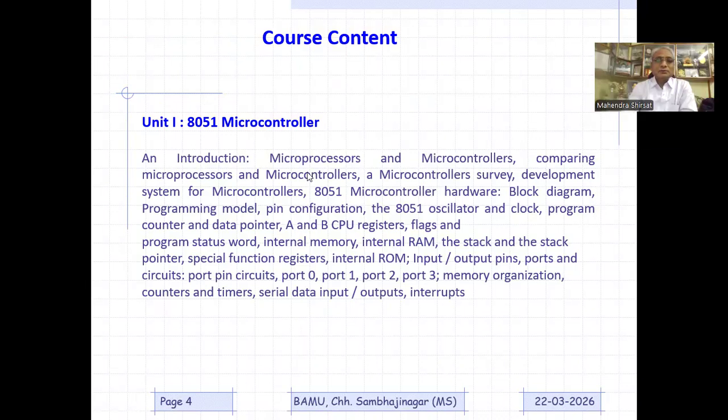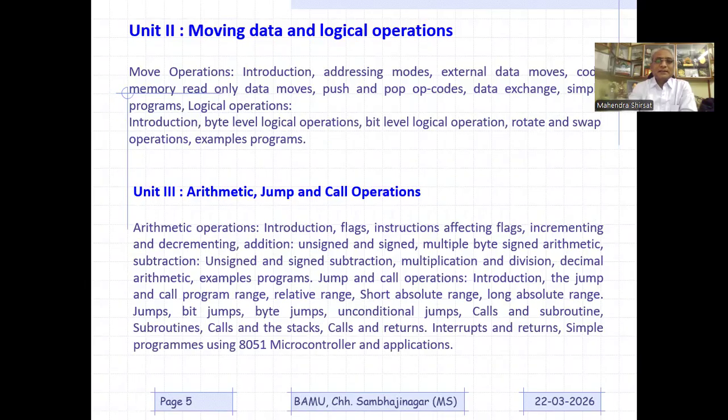This course, 8051 microcontroller, has 3 different units, I mean, different chapters. The first chapter essentially deals with the fundamental concepts of microcontrollers. The second chapter deals with data transfer and logical group of instructions.